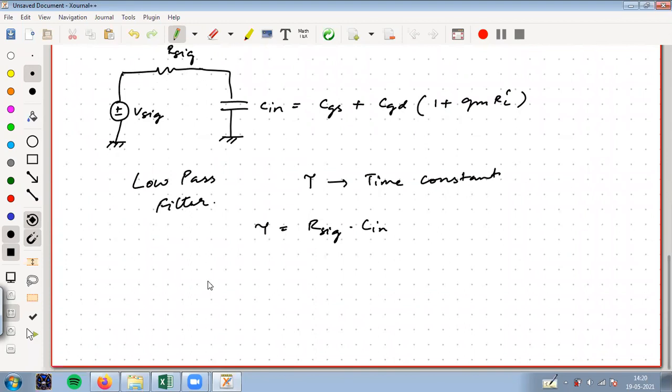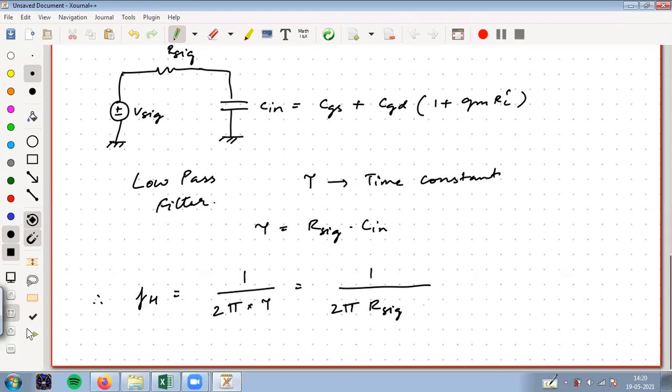Therefore, FH is 1 by 2 pi tau, which equals 1 by 2 pi times R signal into Cin, where Cin is CGS plus CGD into (1 plus gm RL prime). That's all. This is done using Miller's theorem. Any queries in this?